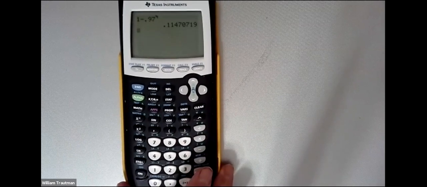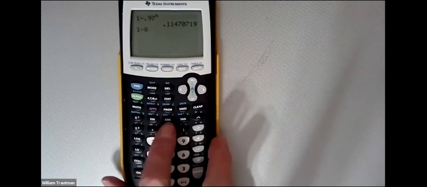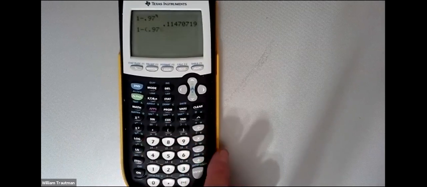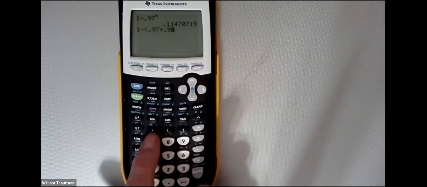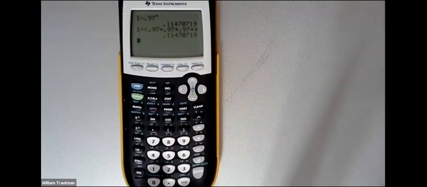And this is what I get. You could also do 1 minus, then parentheses, 0.97 times 0.97 times 0.97 times 0.97, close parentheses, and you get the same answer. So it's 1 minus 0.97 to the 4th power, but you have to put that in parentheses if you're doing the whole thing with a minus there. So the answer is 0.1147.